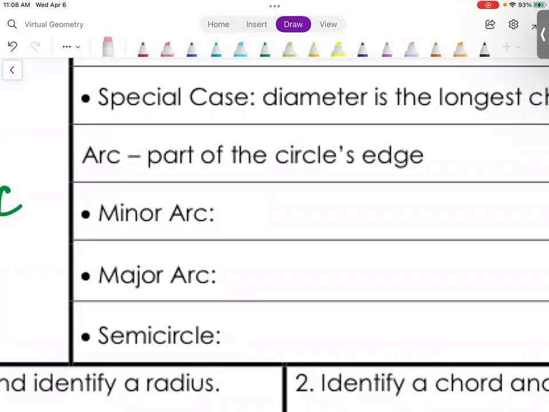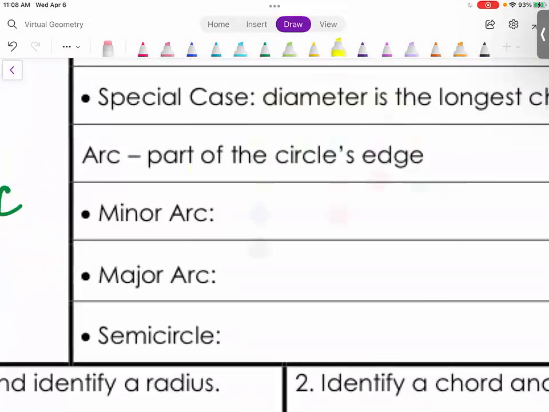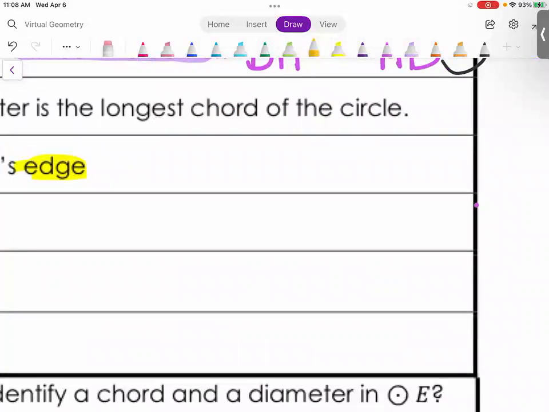Now, there are other special things that go on with circles that are not necessarily a segment, such as the arc. So when we look at arcs, they are made up of a part of the edge. They are a part of that circle's edge, and they have to be measured in a very special way. When we deal with arcs, they're measured in degrees, just like our angles are.